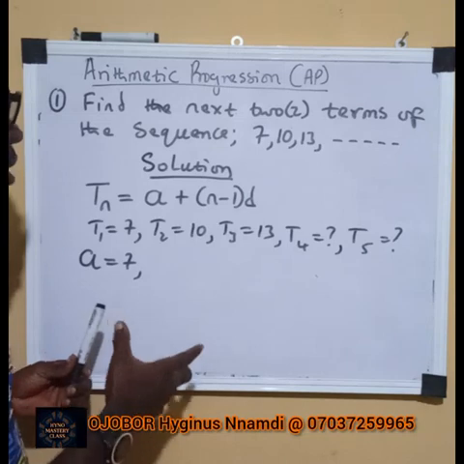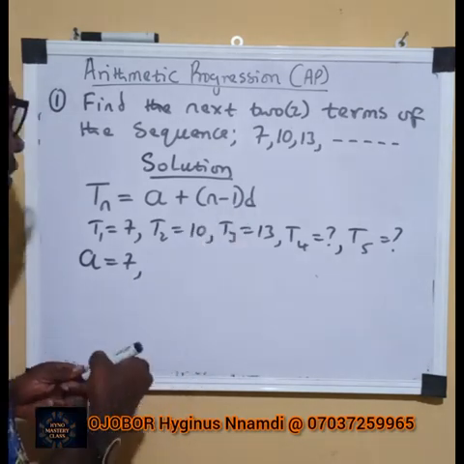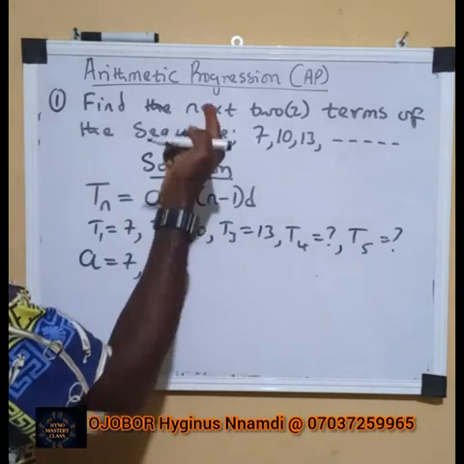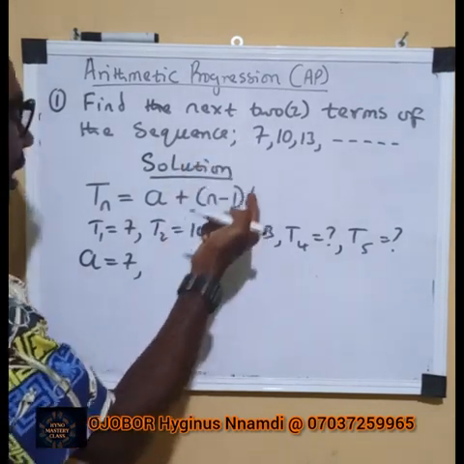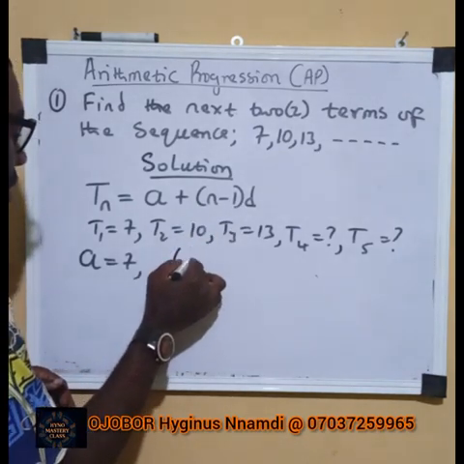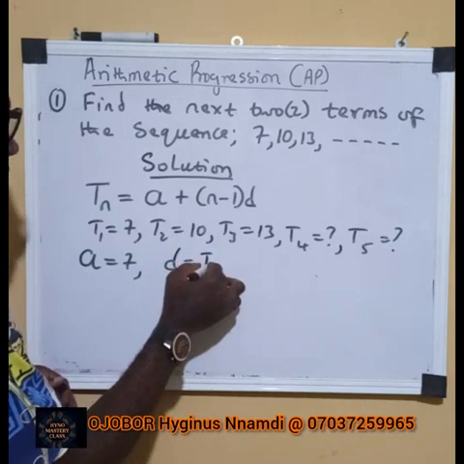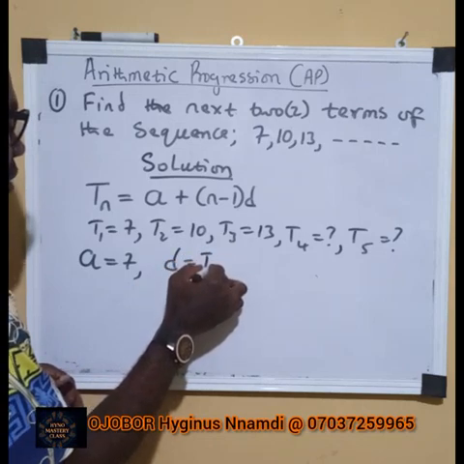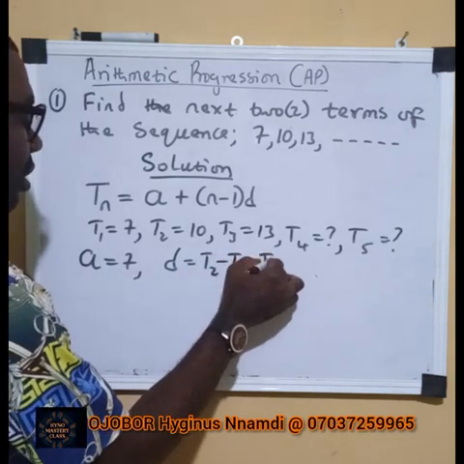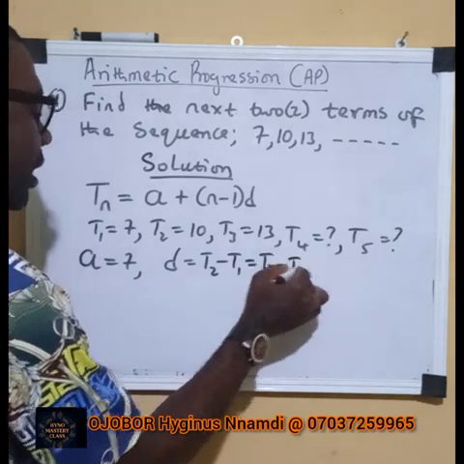What we don't have now is d, which is the common difference. How do we get the common difference? The common difference is that number you are going to add to a particular number to get the other. This is common because it's the same number. So the common difference is usually gotten by subtracting a number from the succeeding number, T2 minus T1, or you can as well say T3 minus T2, in that order.